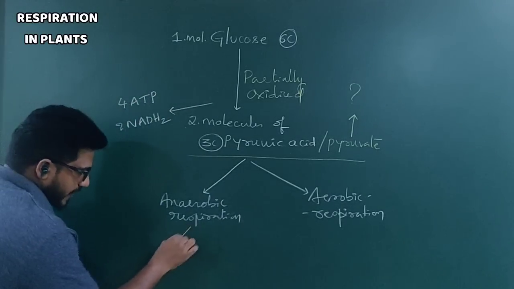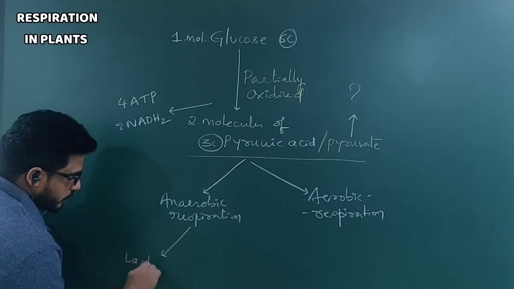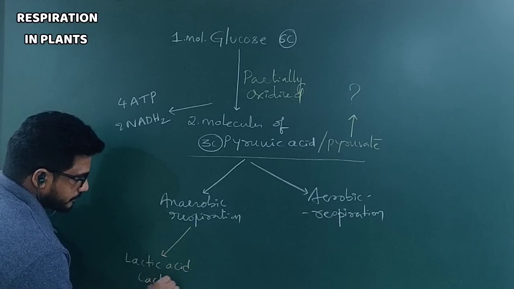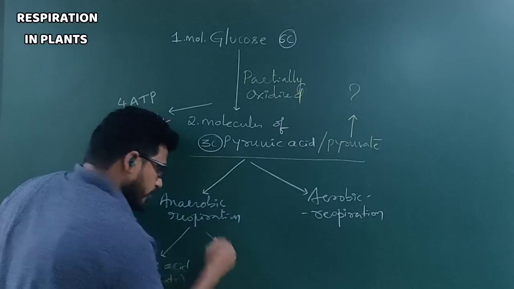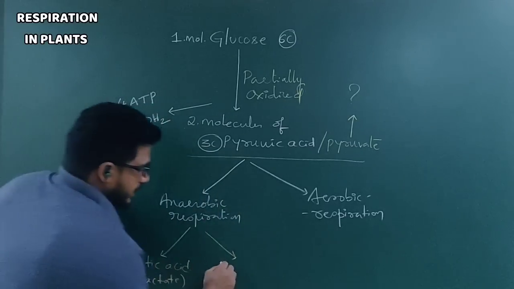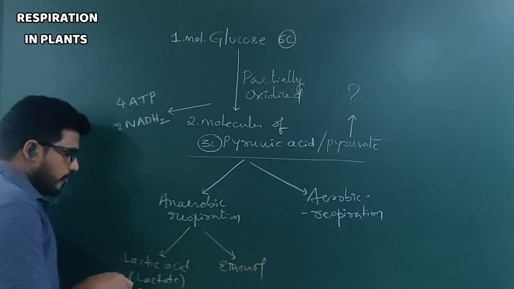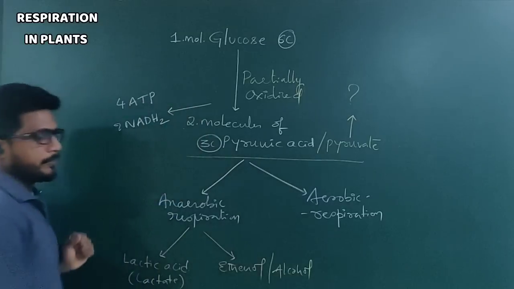In anaerobic respiration, pyruvic acid may be converted into lactic acid, also called lactate. One way. In anaerobic respiration itself, ethyl alcohol or ethanol, simply called alcohol, will be produced.